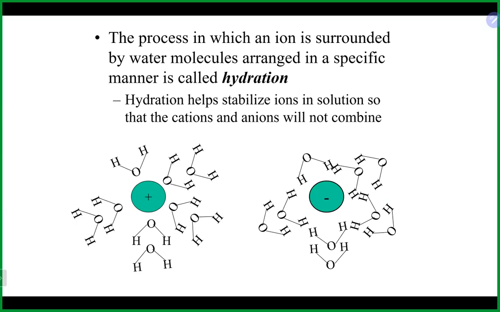The negative side of water, which in this case is the oxygen, will be attracted to the positive ion, like the cation. The positive side of water, which is the hydrogen, will be attracted to the anion. And that is, again, how something dissolves.